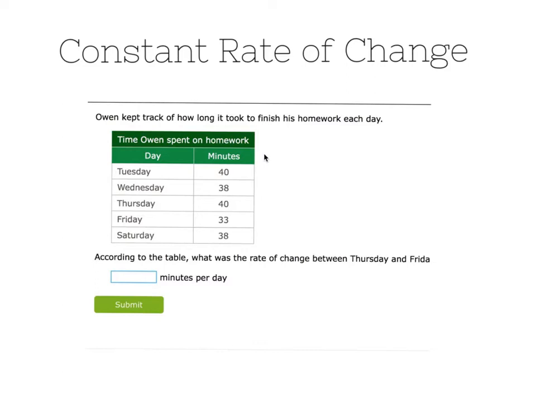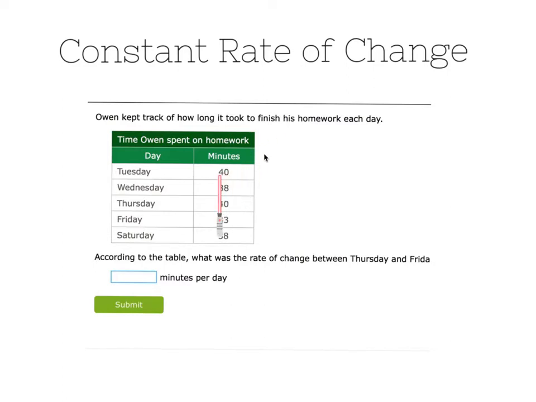If you remember yesterday's video and today in class, we talked about rate of change. We looked at tables kind of like this one, and we talked about average rate of change.